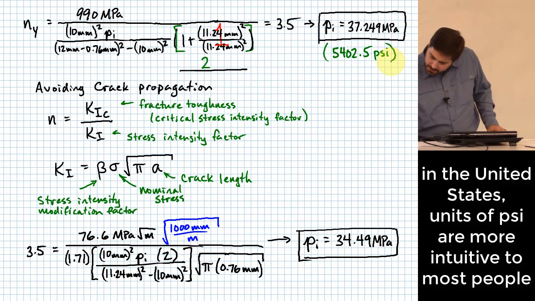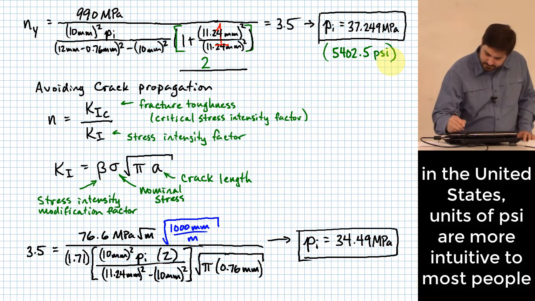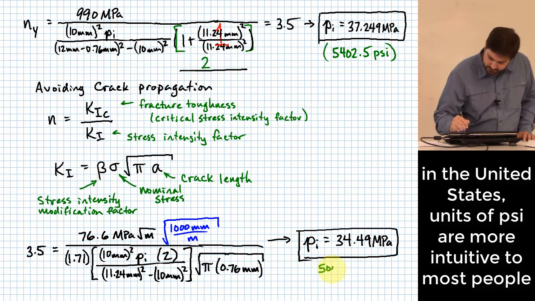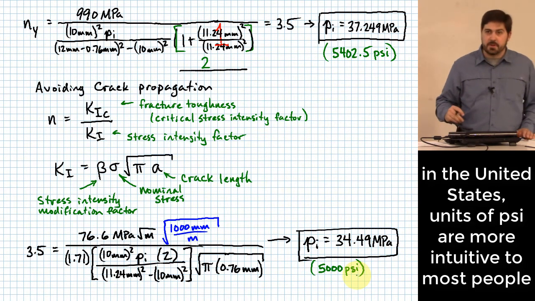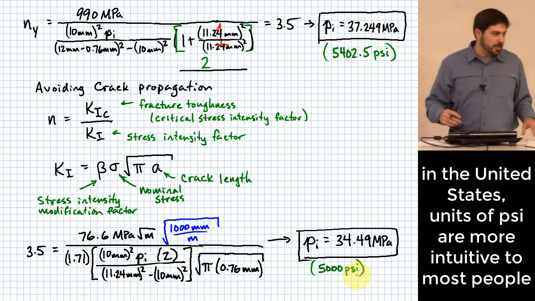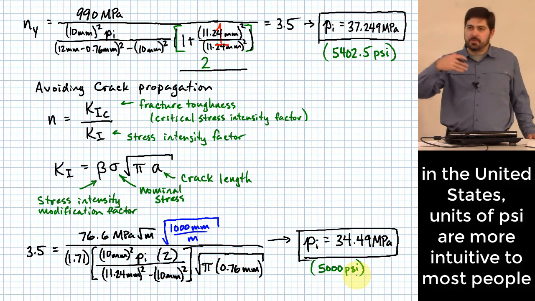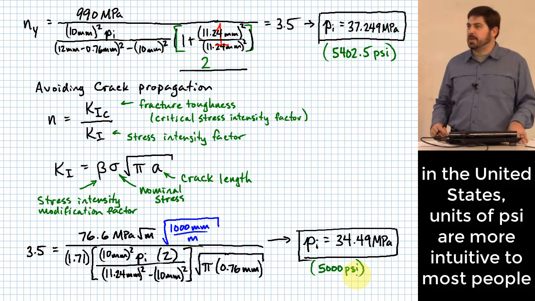All right, yeah, it turns out to be about right at 5,000 psi. Okay, and the only reason I supply those is so that those of you who have the sort of intuitive feel about PSI, you might feel that a little bit more than what you could sort of mentally think of as an MPa.